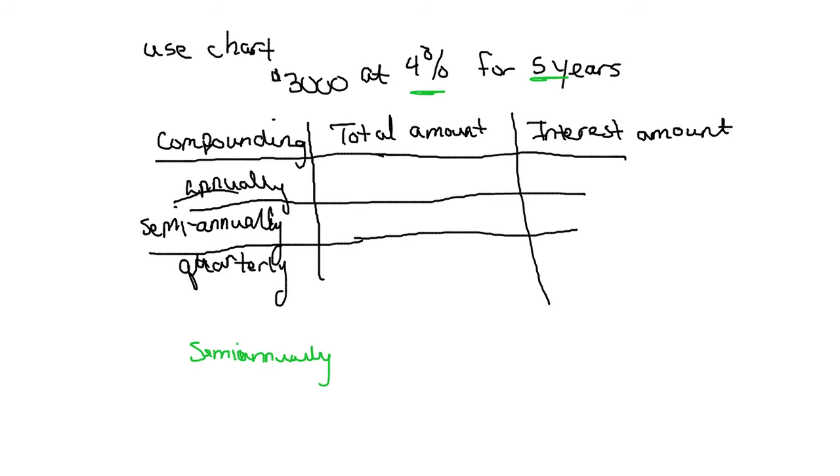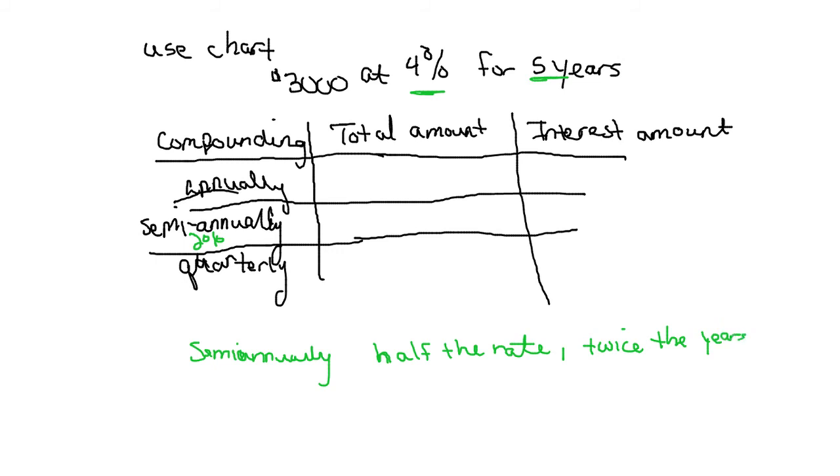So for 4%, to do semi-annually, we'll need to look at the 2% column, and then we want twice the years. So we'll do half the rate and then twice the years.